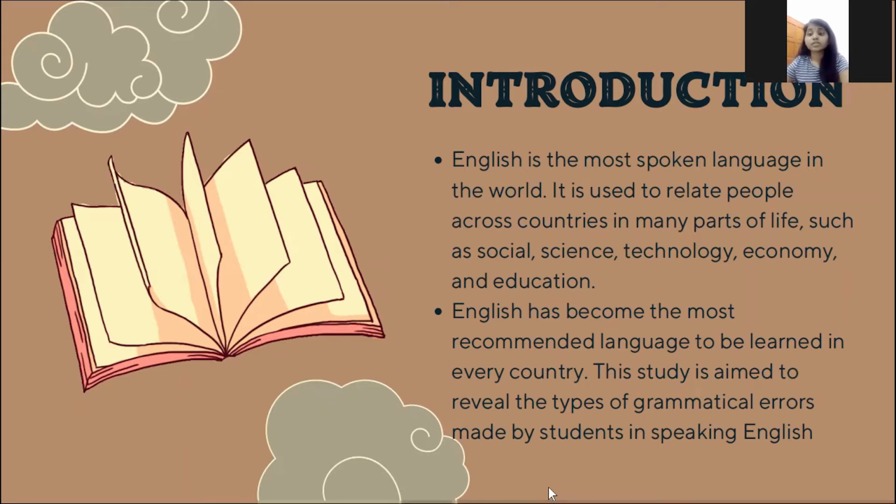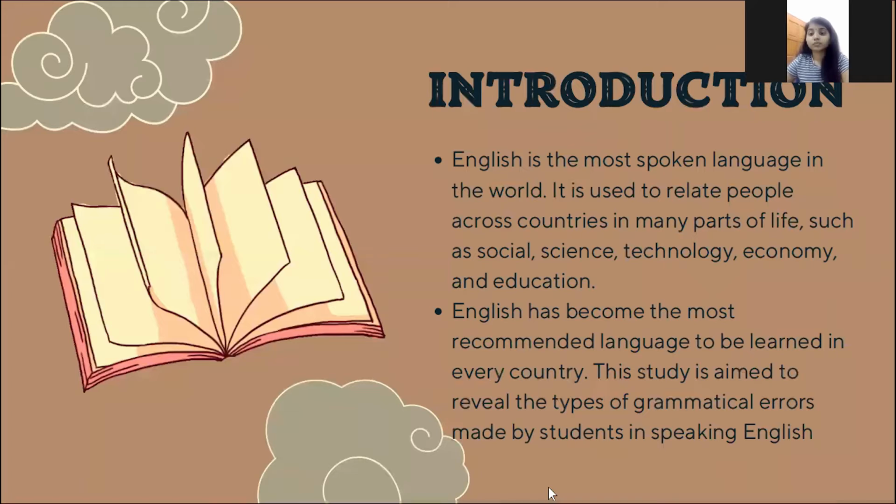Based on the error category, the students' most common error is omission, followed by overgeneralizations, overregulations, and misordering, completed by other errors such as carelessness. The causes of grammatical errors were internal factors involving limited linguistic resources and also motivation deficiency.